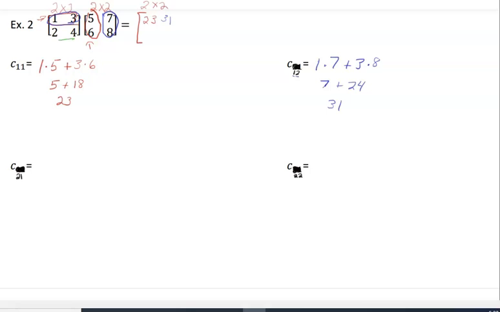Then we're going down to the second row, back to the first column. The first element here is 2 times the first in the row, which is 5, plus 4 times 6. That's 10 plus 24, which is 34, and that gives us our third element.